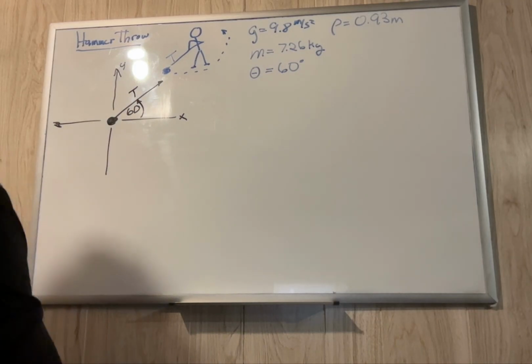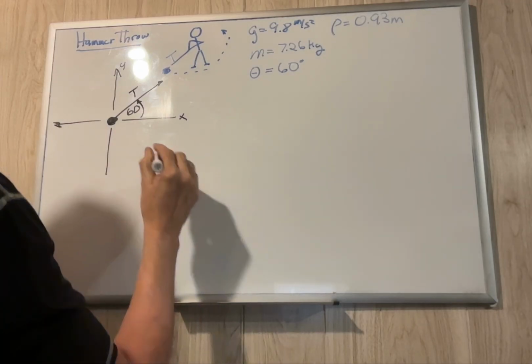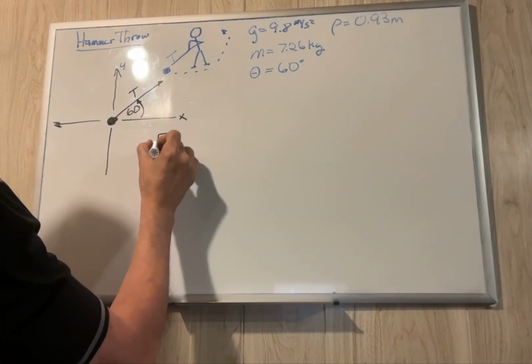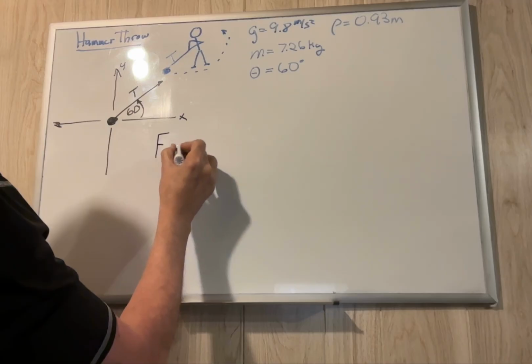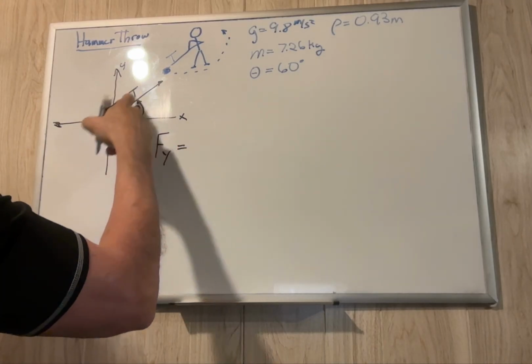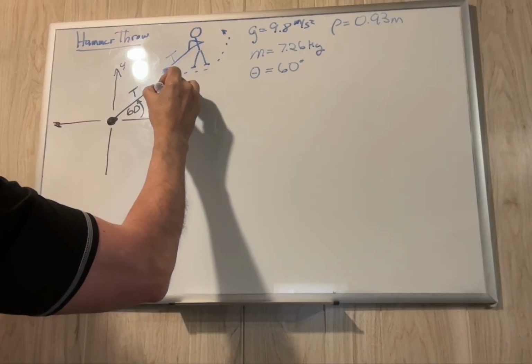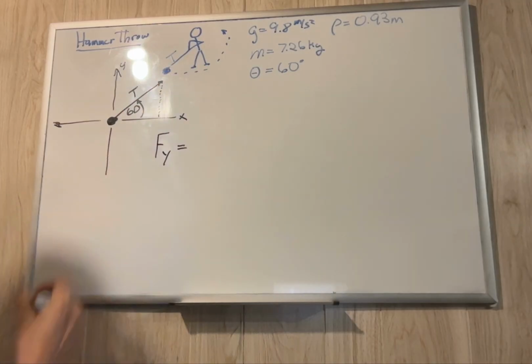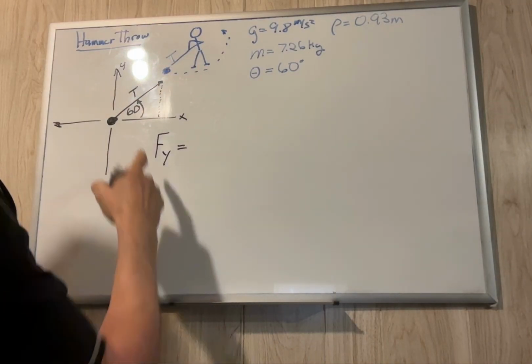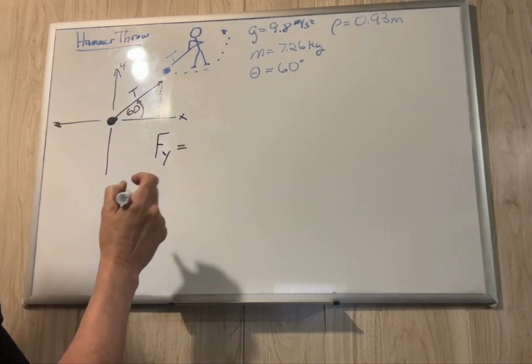Okay, so let's think about the forces in the y direction. Let's identify all my forces in the y direction. In the y direction there's going to be a tension, but only the part of the tension in the y direction. If we look at this as a right triangle, we know that opposite over hypotenuse is the sine.